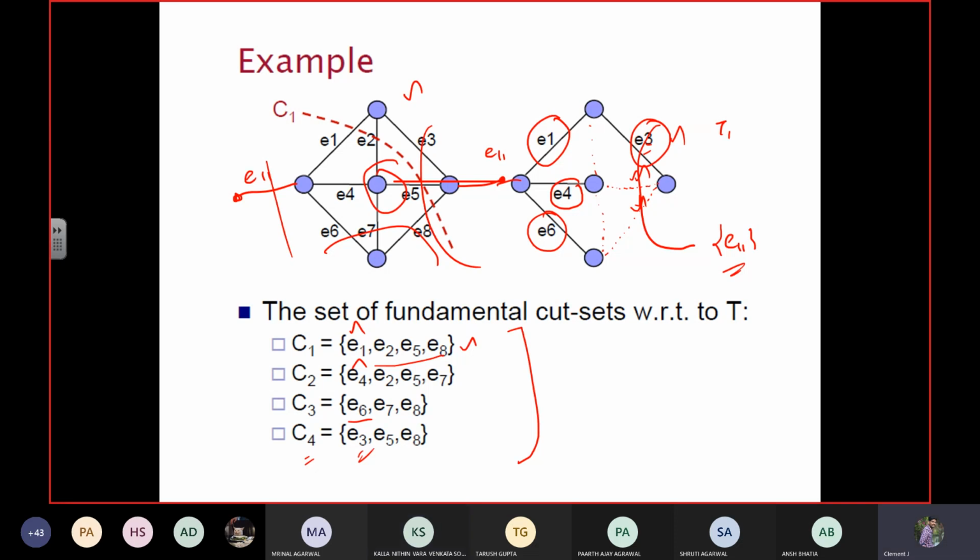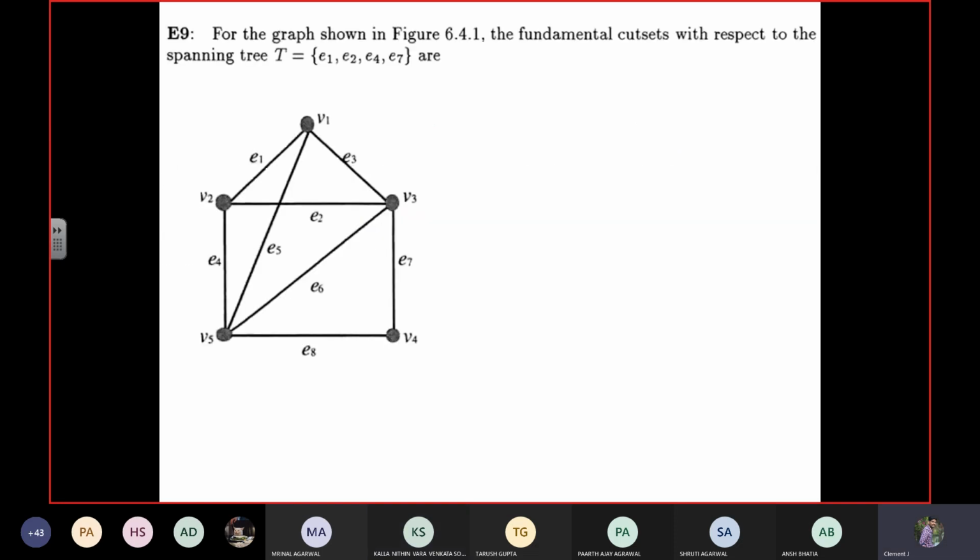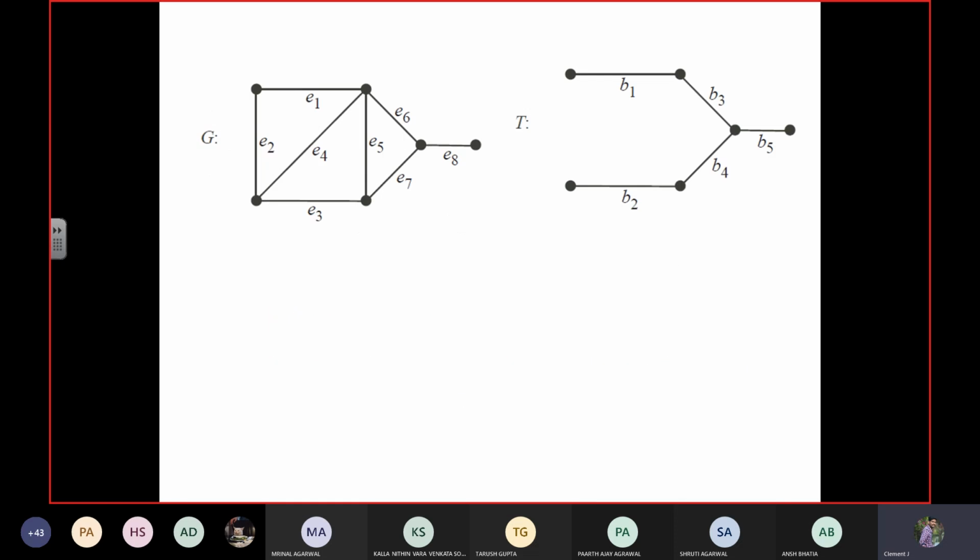Yes, sir. Okay, anyway, I'll show the example so that you will understand it. This is the example of that.